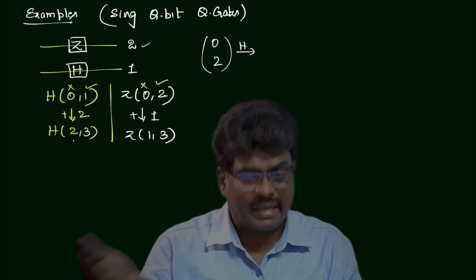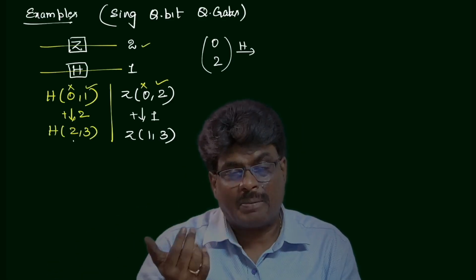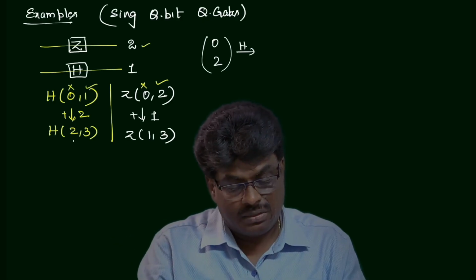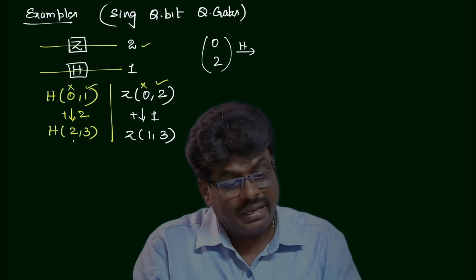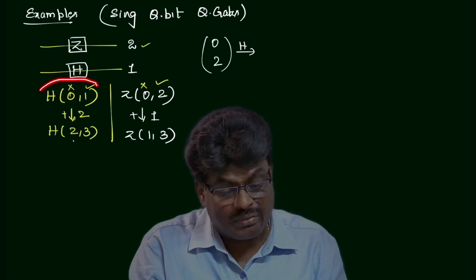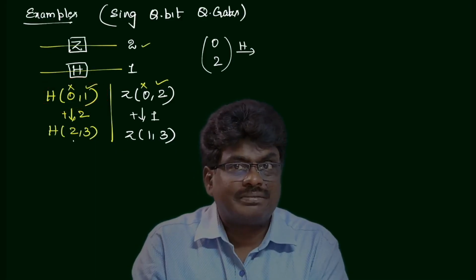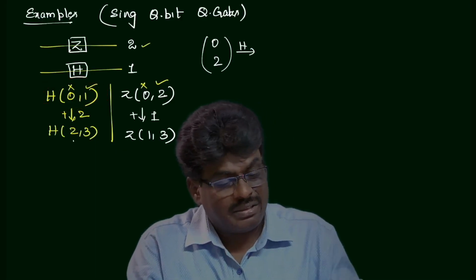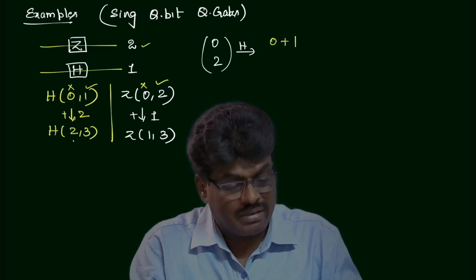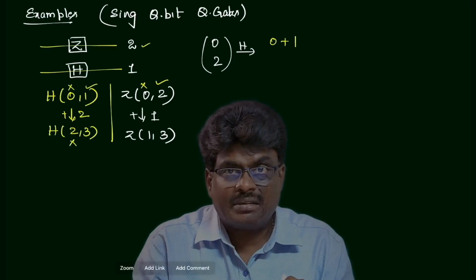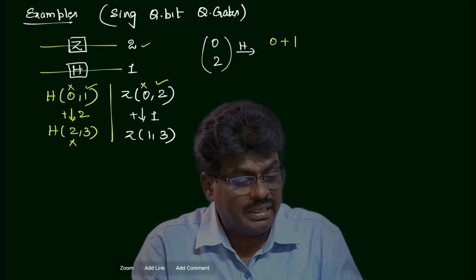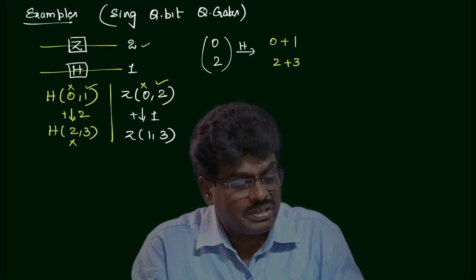Already we have seen that for the Hadamard gate, no need to write the Hadamard operator or matrix. 0 off state, that's why it creates a superposition of, be careful, 0 and 1. Okay, right. So this is 0 plus 1. And the next, 2 is also in off state, but it creates a superposition of 2 and 3. Off state means first column, 2 plus 3.